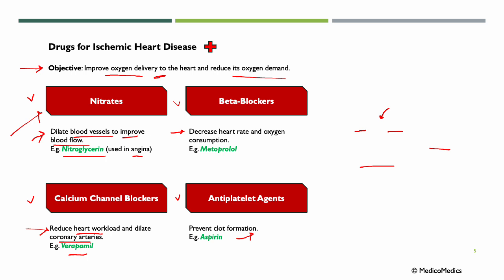Then we have the antiplatelet agents. Example is aspirin. So these inhibit platelet aggregation and reduce the risk of thrombus formation, which is a key factor in myocardial infarction prevention, or in the prevention of an MI.